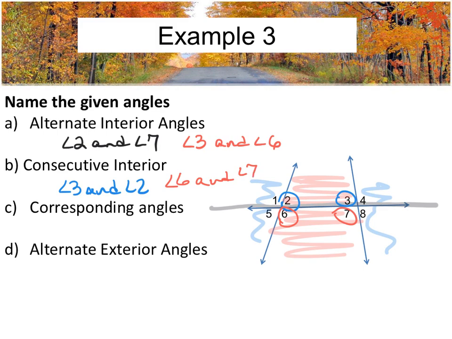And then we have corresponding angles. Remember, we can draw the box around them, or we can just know that they're going to be on the same side of the transversal. One will be in, one will be out. So here, corresponding could be 1 and 3. They're in the top left.